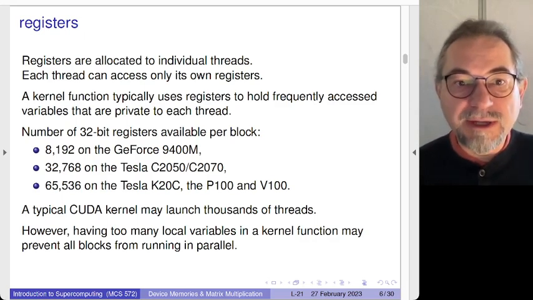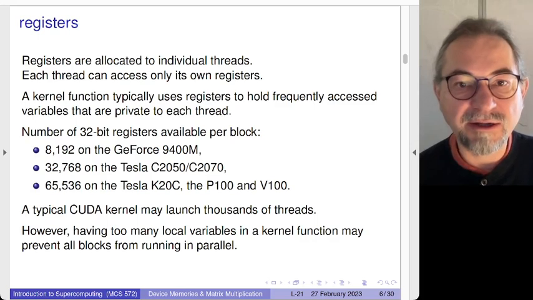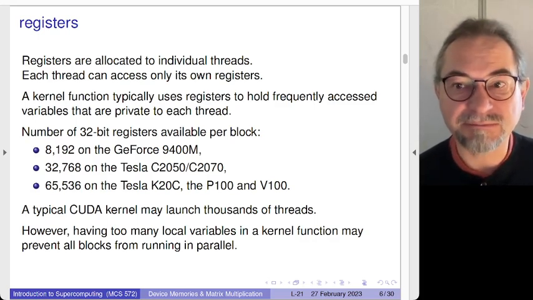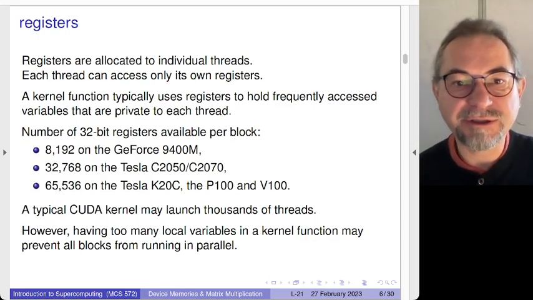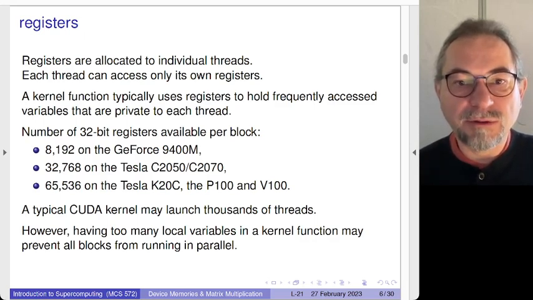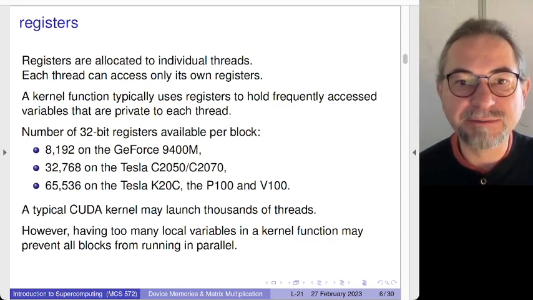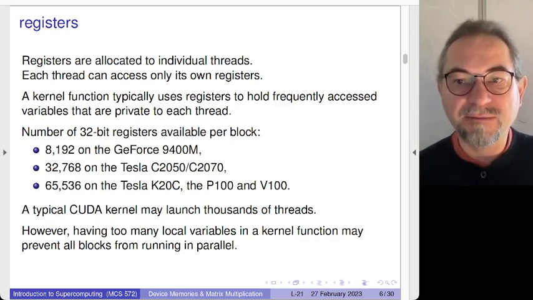Okay, so what do we have? Here is again the fastest memory, the registers. Registers can be identified with local variables in a function. You use registers typically to hold the results that you are computing.